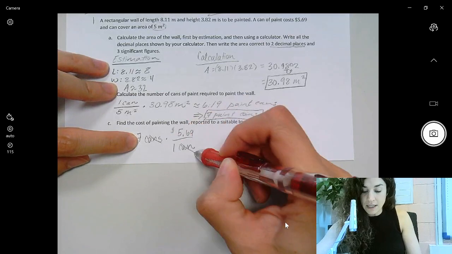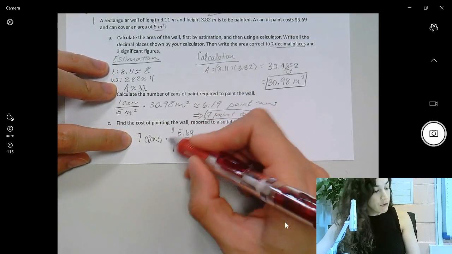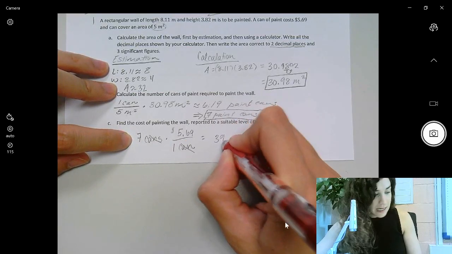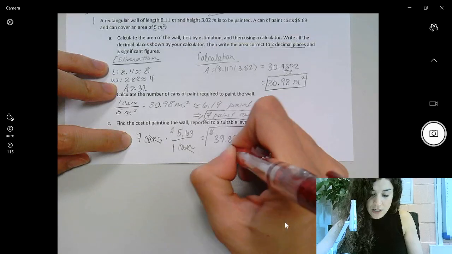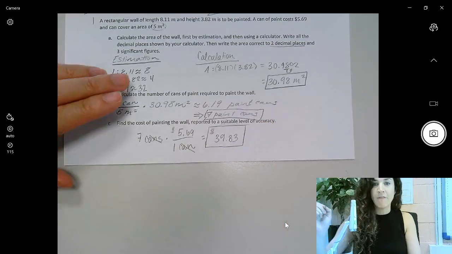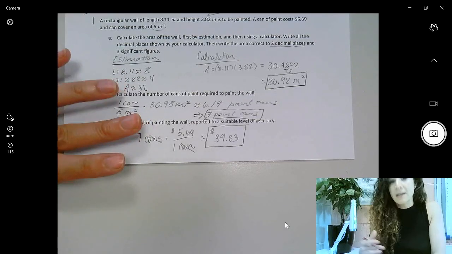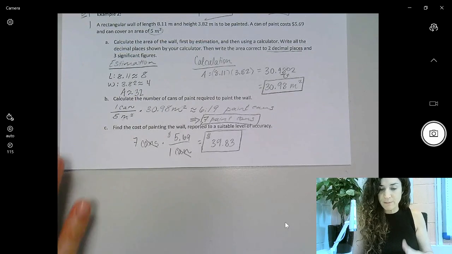So notice again, we are canceling out can as a unit of measurement and being left with dollars. If we multiply those together, we get 39.83. And realize that with most currencies, 2 decimal places is the suitable level of accuracy. So if we're talking about money, we're more than likely going to be rounding it to 2 decimal places.